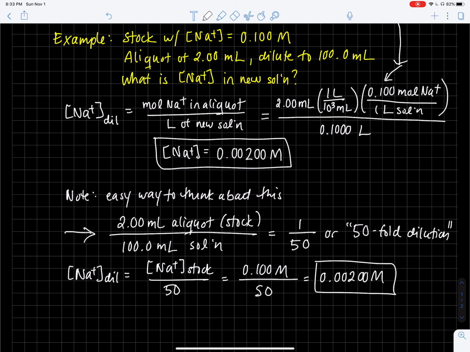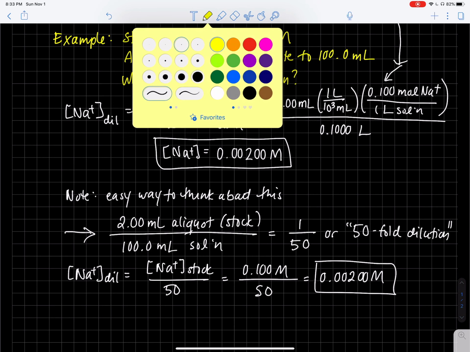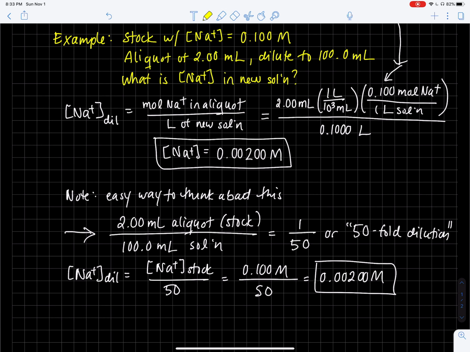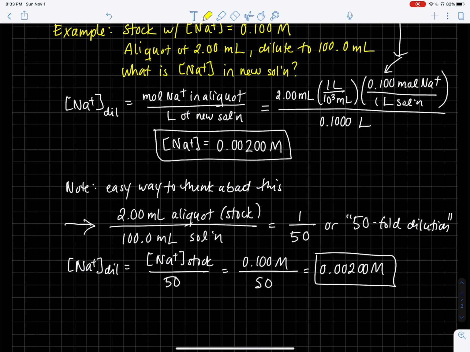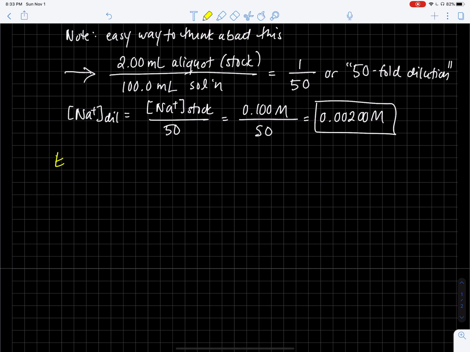So when you're doing a dilution, you can make a ratio of the milliliters of the aliquot over the total volume to get a dilution factor. In case this isn't obvious, you could flip that. 100 divided by 2 is 50, that is a 50-fold dilution. I just showed the fraction this way so you could see it. Okay, so that's a dilution.